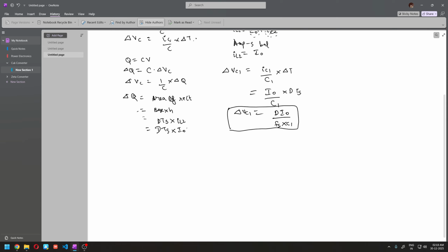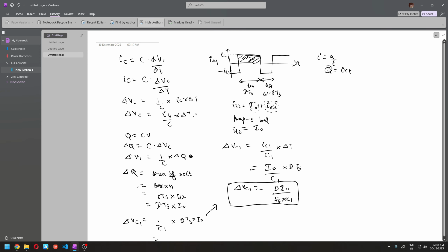Substituting in this equation, your delta Vc would become 1 by C1 into this dTs into I naught. As you can see, it's going to result in the same thing. So if you go the waveform way, you get the same thing.